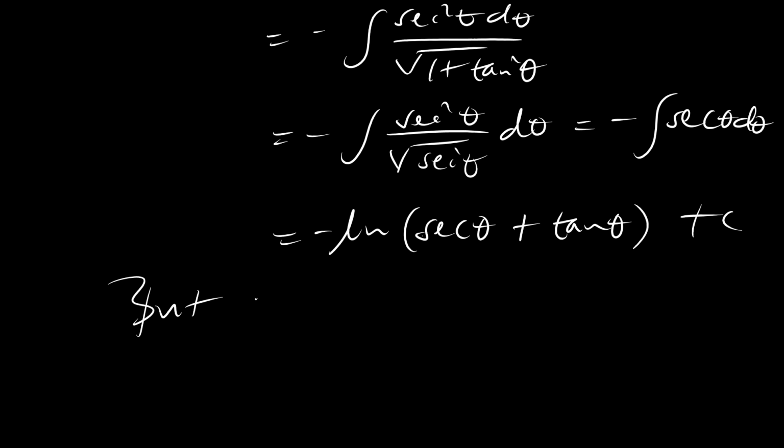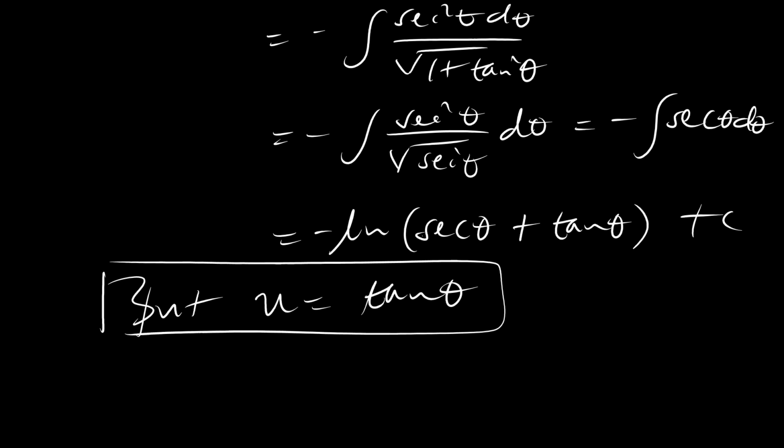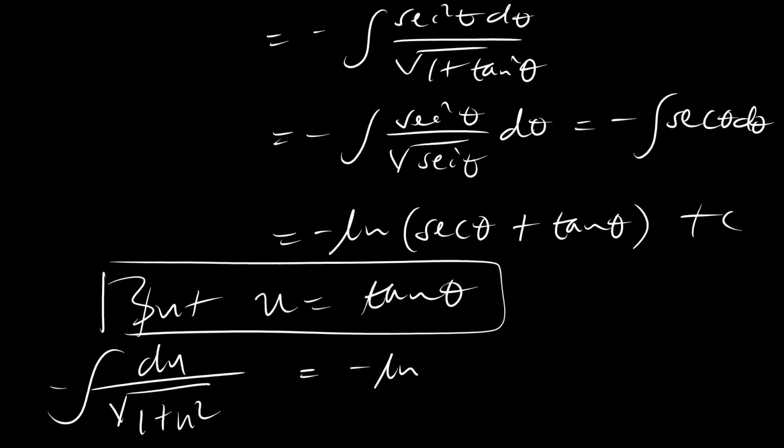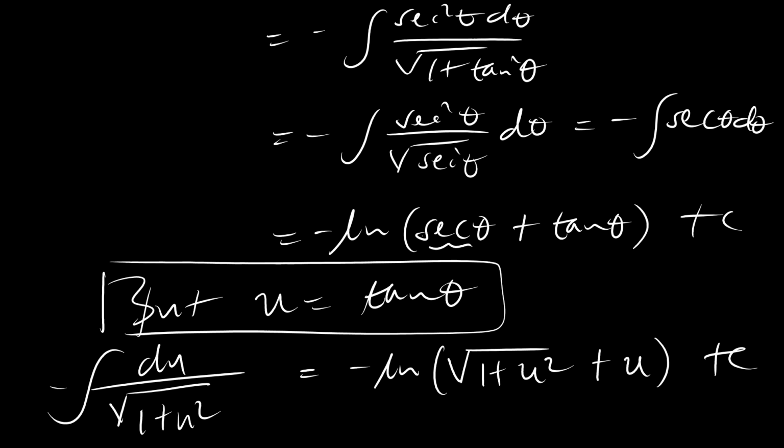but we had said that u was equal to tan theta, meaning that our problem, negative du over the square root of 1 plus u squared, is the same as negative natural log of sec theta, which here is the square root of 1 plus tan squared theta, so this is the square root of 1 plus u squared plus u plus c, but we want to take this back to the original form.